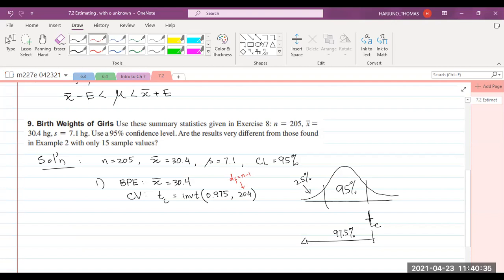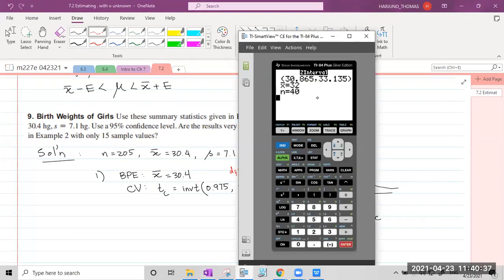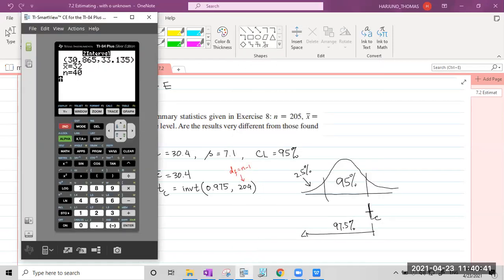Calculator. How do we find that? Inverse T is usually below inverse norm. Area to the left, 0.975.